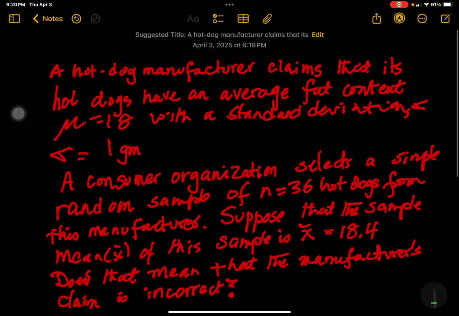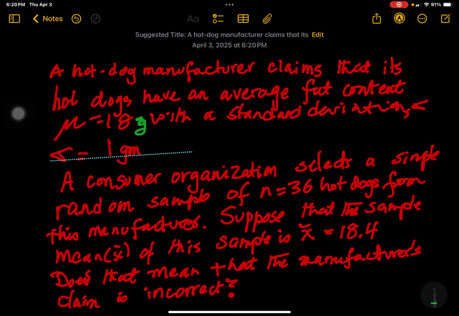A hot dog manufacturer claims that its hot dogs have an average fat content of mu equal to 18 grams with a standard deviation sigma equal to 1 gram. A consumer organization selects a simple random sample of n equal to 36 hot dogs from this manufacturer.